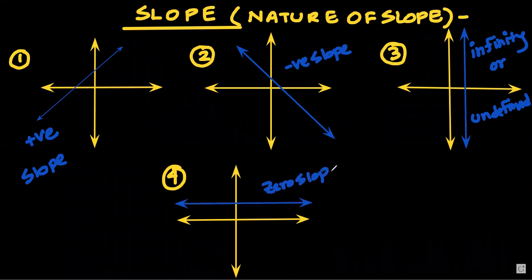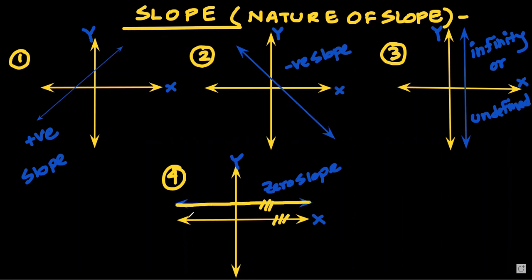And why does it happen? Slope is also the measurement of the angle with the positive x-axis, right? So this is the x-axis, this one is the y-axis. Why is it 0? See the angle between this curve and the x-axis. There is no angle between the x-axis and this curve, right? They're parallel.